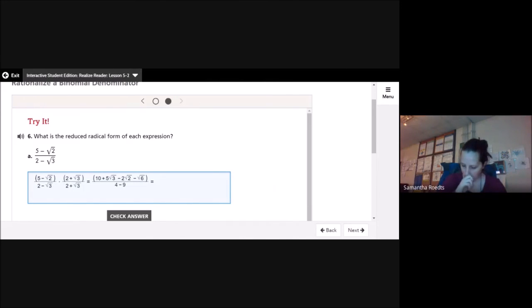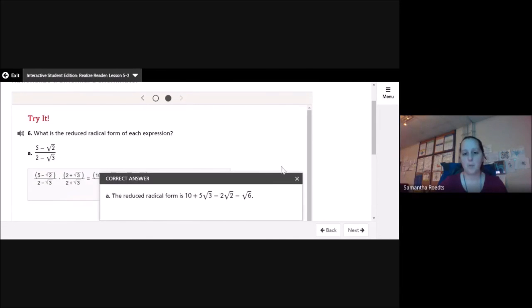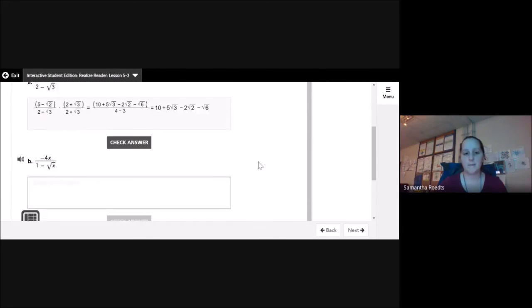So this equals 10 plus 5 square root of 3 minus 2 square root of 2 minus the square root of 6. And the denominator is 4 minus 3, which is 1. So that's why I get that.